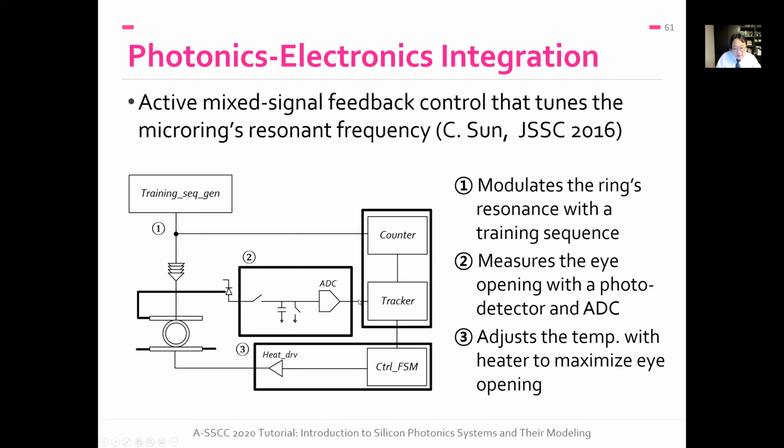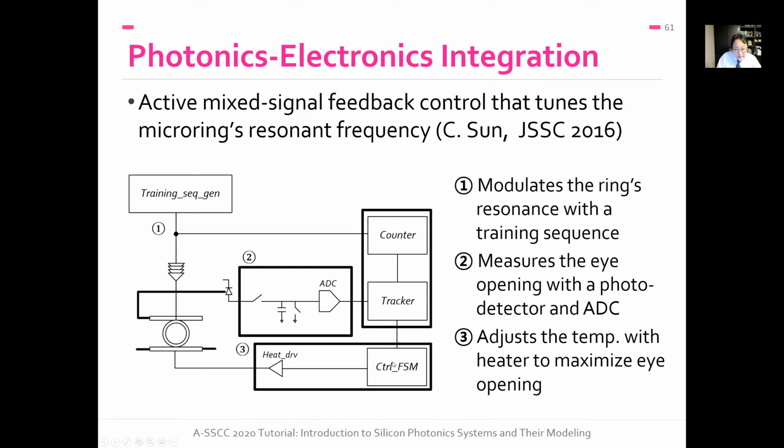And you convert that into digital information through an ADC and look at the separation between the 1 level and the 0 level and see how good of a separation you can get. If it's good, then you're in good condition. If it's not, then maybe you have to make some adjustment to the resonant frequency to recover the good separation.